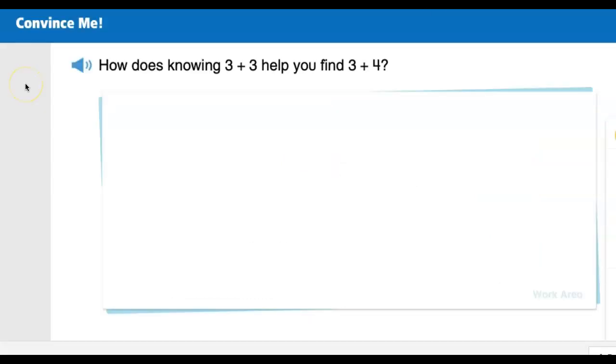Now let's look at our Convince Me, still on page 66 of our workbook. It says, how does knowing 3 plus 3 help you find 3 plus 4? So how does knowing our doubles fact of 3 plus 3 help us find what 3 plus 4 is? Well, boys and girls, what is 3 plus 3?